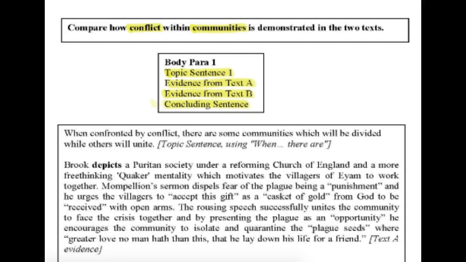Okay, the first thing we do is we write down the topic sentence as it relates to the prompt, and I've suggested that we might like to use the structure: when something happens, there are consequences. So if we look at that in terms of this particular topic sentence, we might say something like, when confronted by conflict, there are some communities which will be divided while others will unite.